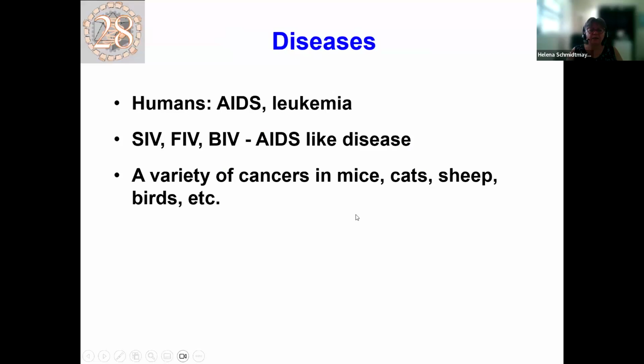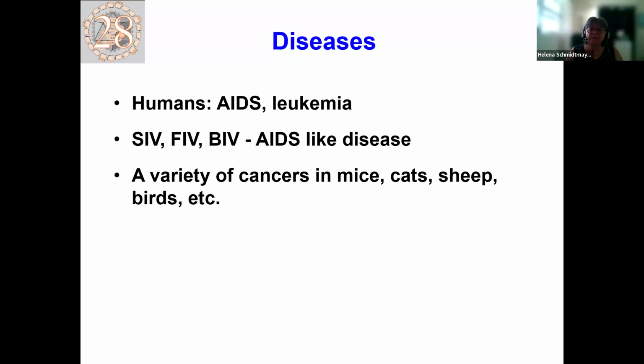Now, disease, we will focus in more detail this week on HIV, which can lead to AIDS, acquired immune deficiency syndrome, if untreated. HTLV1 and HTLV2 can trigger leukemia. SIV, FIV, and BIV, so simian, feline, and bovine immunodeficiency viruses, can cause a disease similar to AIDS in animals.